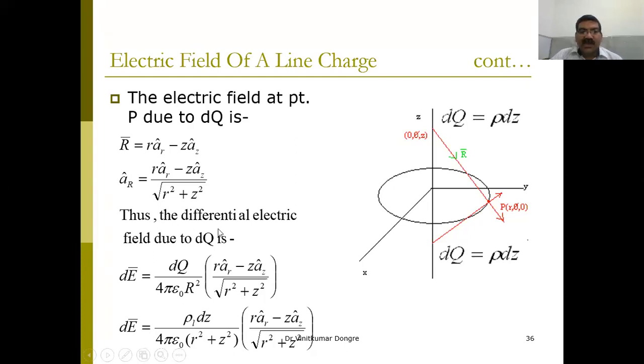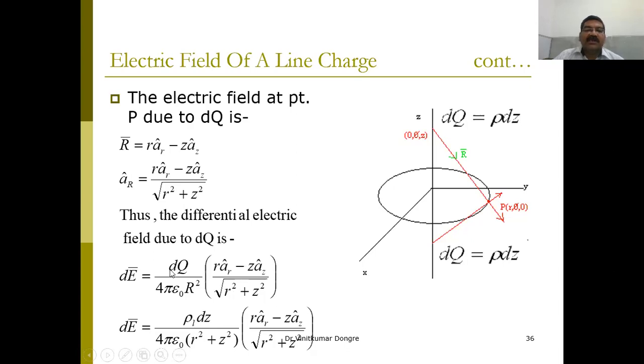Thus, the differential electric field intensity due to dq: now we consider a very small line charge, and because it is very small, we can consider it a point charge so that we can derive the expression. So what will be the formula? dE, the small electric field at this point, is dq upon 4 pi epsilon 0 r squared aR. aR is this, so we have put this.